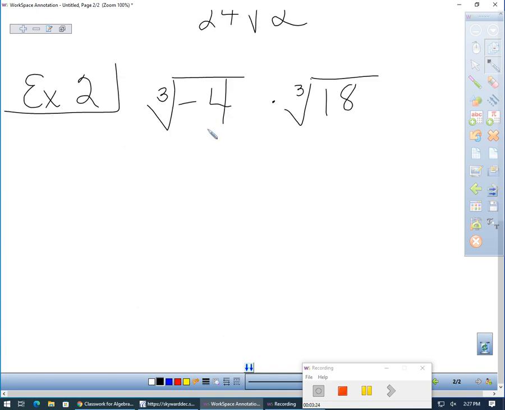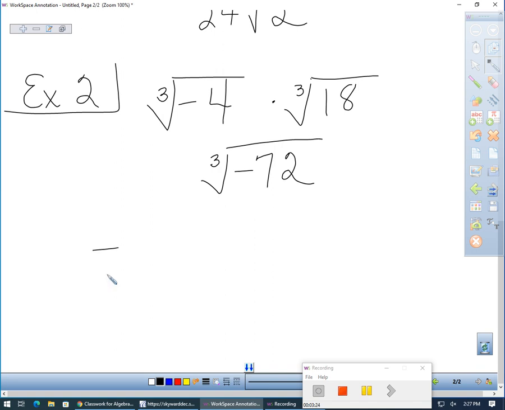So do we have any coefficients on the outside to multiply together? Technically it's 1 times 1, right? Okay. So then I have the cube root of -4 times 18. What is -4 times 18? Good. -72. Now, it is an odd root. So if it's negative on the inside, what's the first thing that's got to come out of there? The negative is going to come out, right? We know our answer is going to be negative.